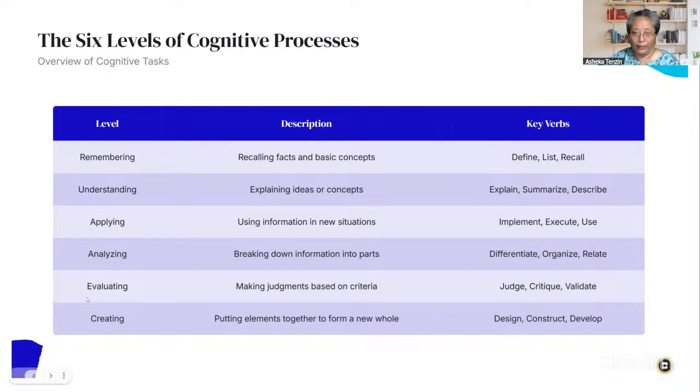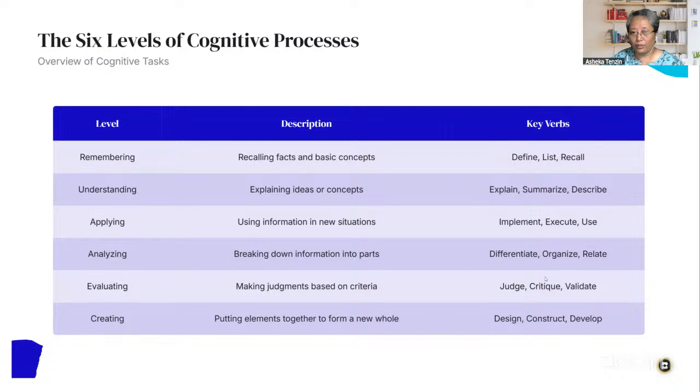Under evaluating, you make judgments based on certain criteria, and you will show evidence also. The key verbs are judge, critique, validate. And the highest level of cognition in Bloom's is creating. You put all the elements together to form a new whole, and the key verbs are design, construct, and develop.